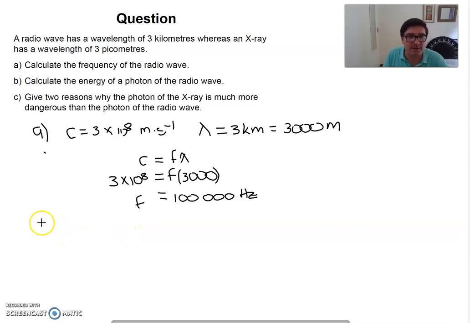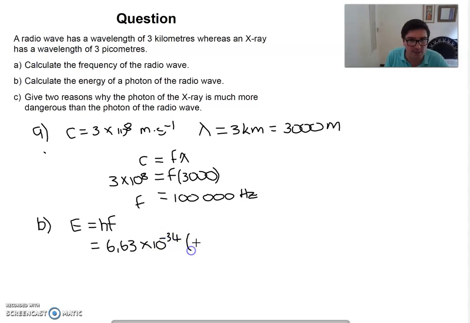radio wave. Now it says calculate the energy of a photon of the radio wave. Now to calculate the energy of a photon of the radio wave, we just need Planck's constant, which we find on our formula sheet. So our equation is Planck's constant times the frequency. So Planck's constant is 6,63 times 10 to the negative 34.